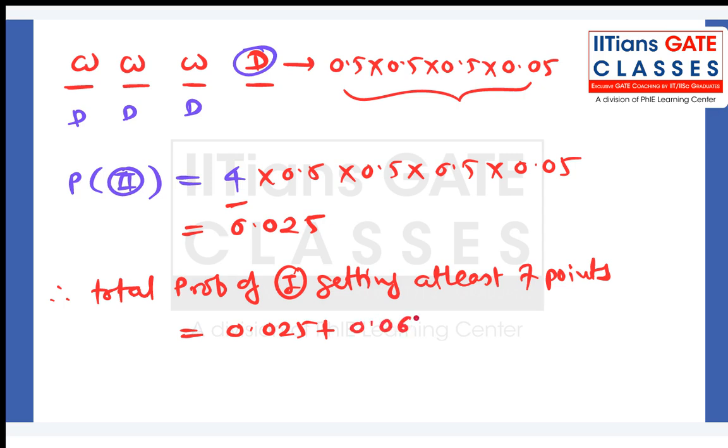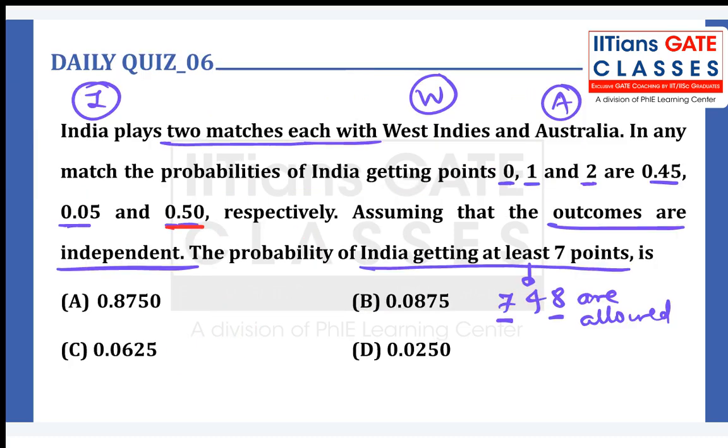That turns out to be 0.0875, and that is your option B, same as the key.